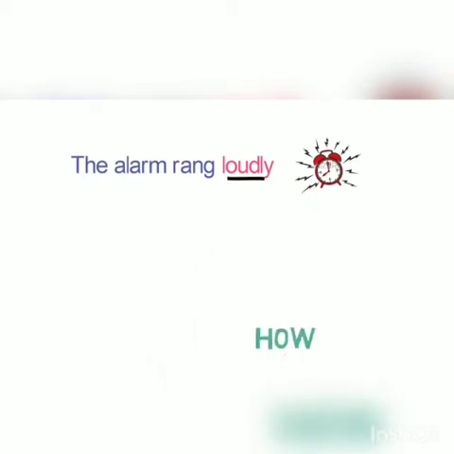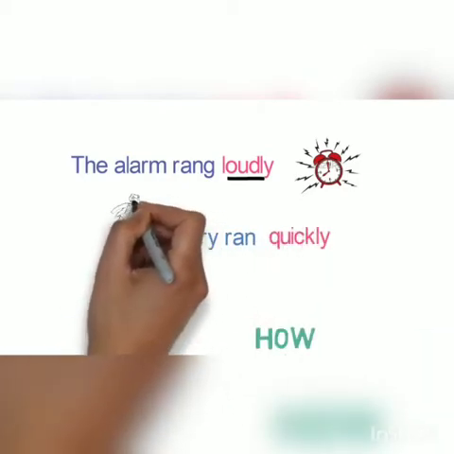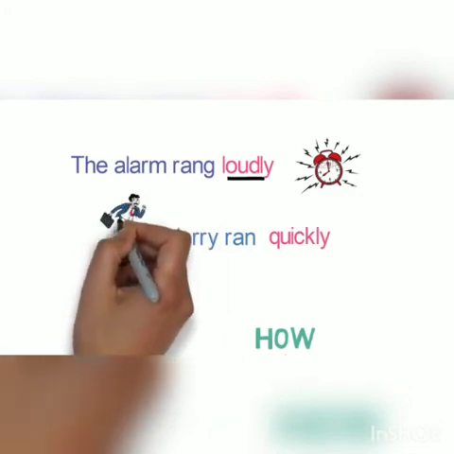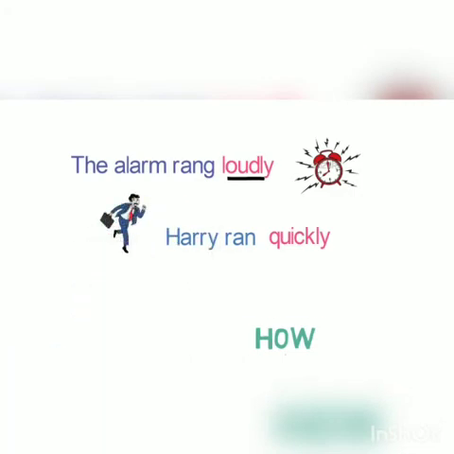Let's look into another example. Harry ran quickly. Here we are able to know that Harry ran, but quickly is describing the manner in which Harry ran. So quickly is an adverb here. As this adverb describes the manner in which the action is performed, they're called adverbs of manner.